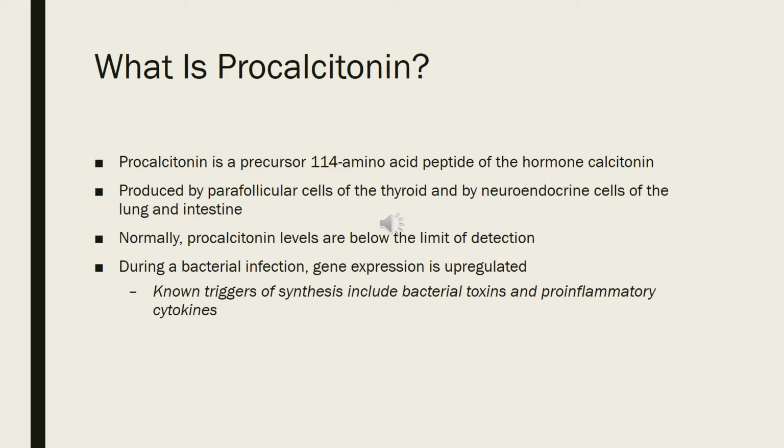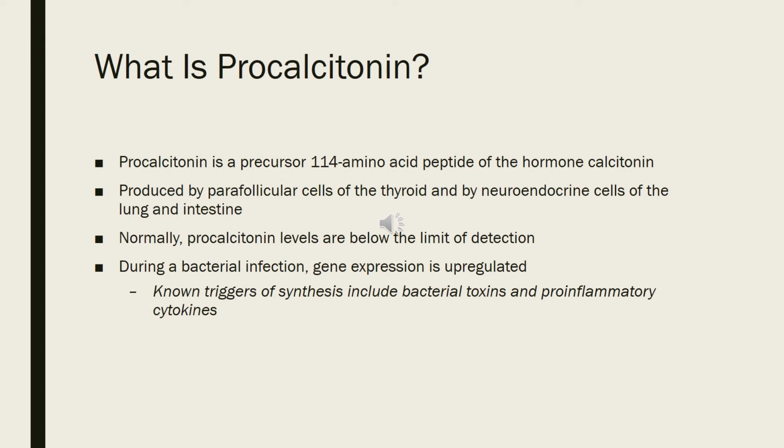upregulated, and there are known triggers that cause this upregulation of procalcitonin, and those include bacterial toxins and pro-inflammatory cytokines. Some of those cytokines include interleukin-6, interleukin-1 beta, tumor necrosis factor alpha, and also lipopolysaccharide from gram-negative bacteria.